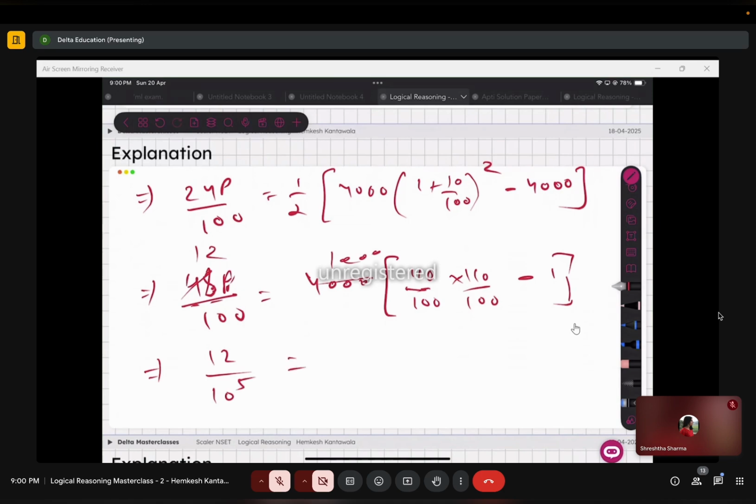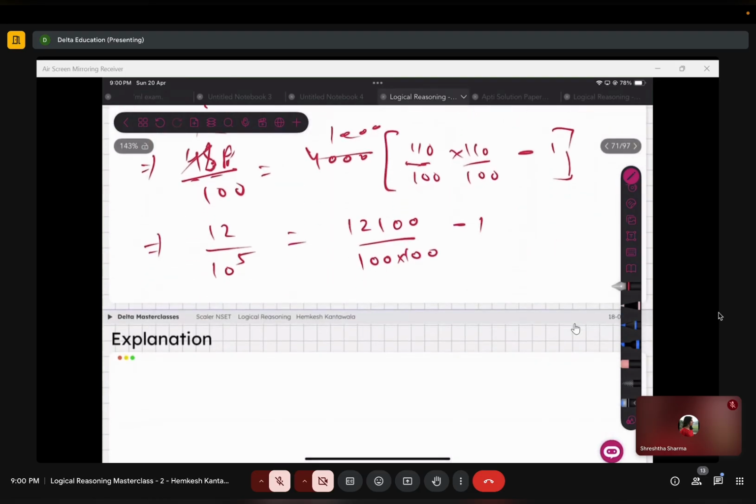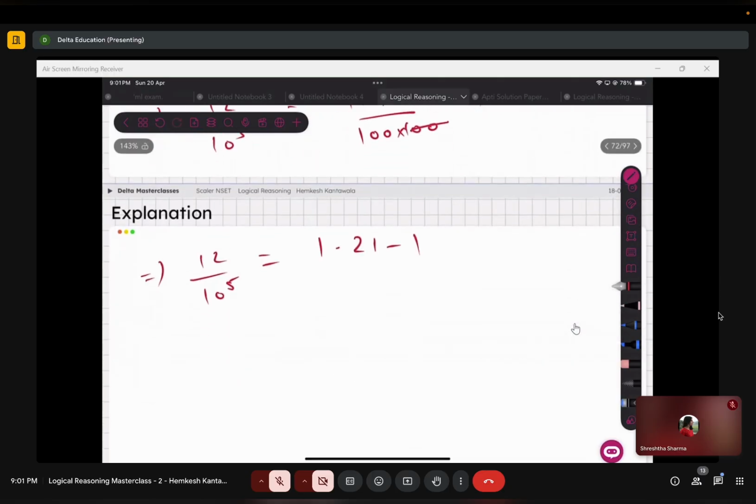Now 11 into 11 is 121, and 2 zeros upon 100 into 100, minus 1. So this is 12 upon 10 to the power 5, which is equal to 1.21 minus 1, which is 21 upon 100. I can write it this way.